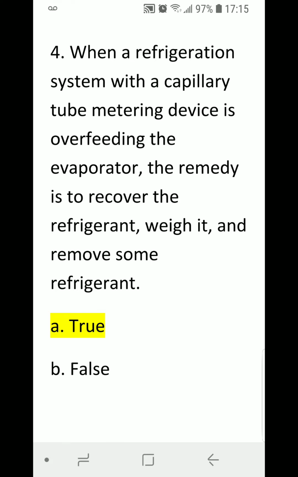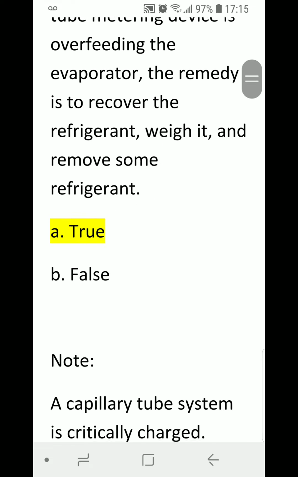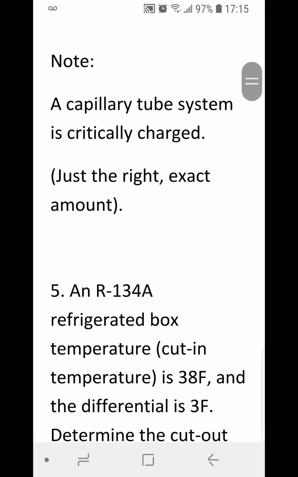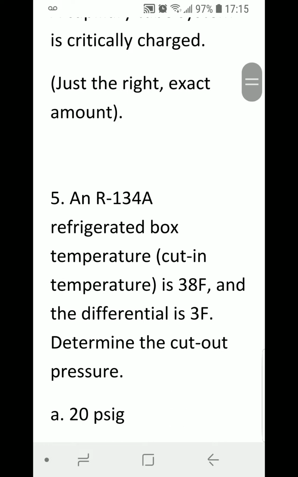Correct answer is A, true. Note: a capillary tube system is critically charged, meaning the amount of refrigerant is just right, exact amount, not too much, not too little.